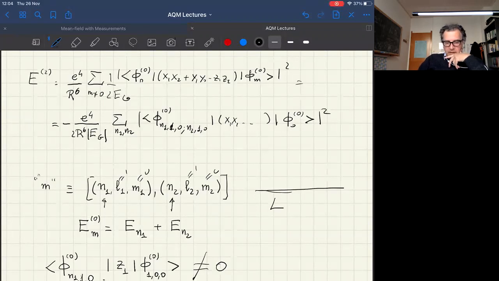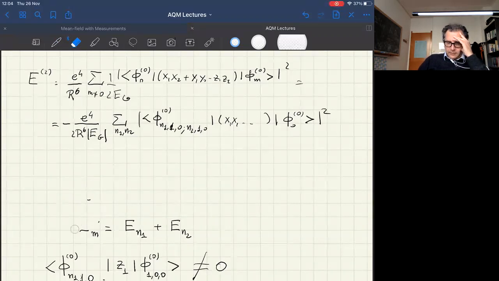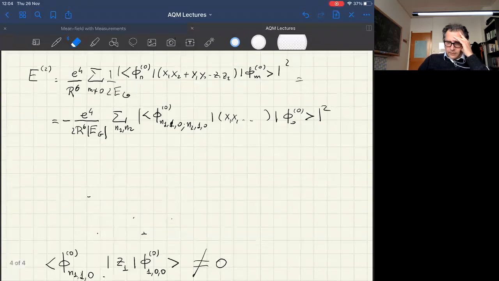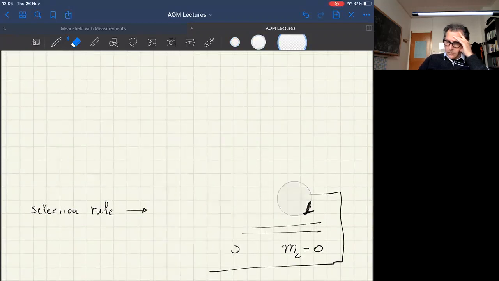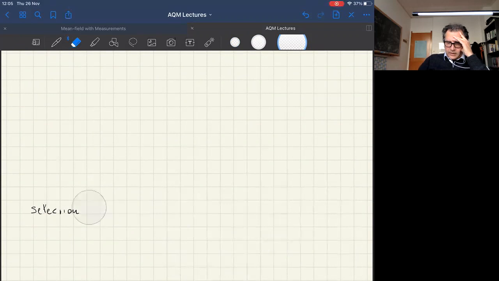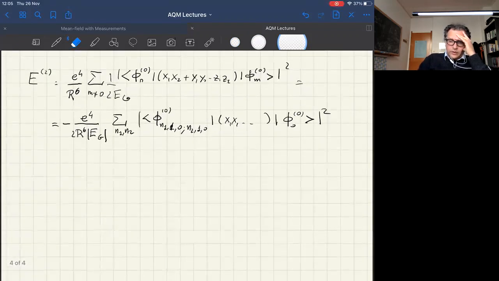The last thing one has to do is to compute this integral, okay, to find the actual result. This is something you have to do yourself.